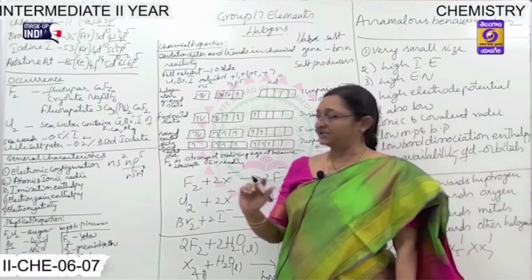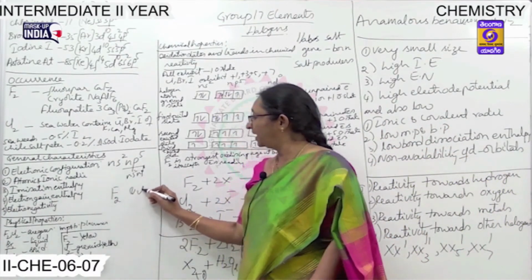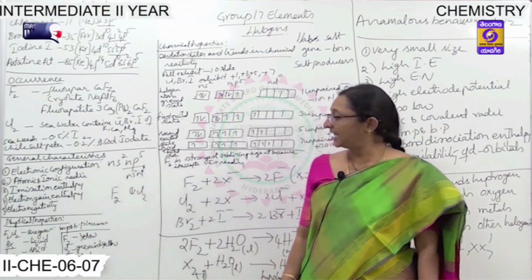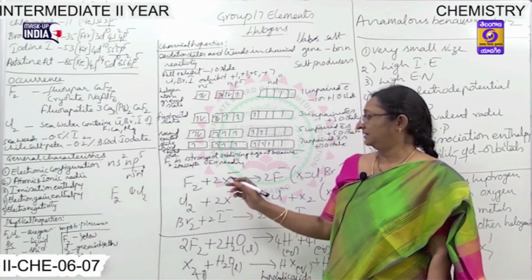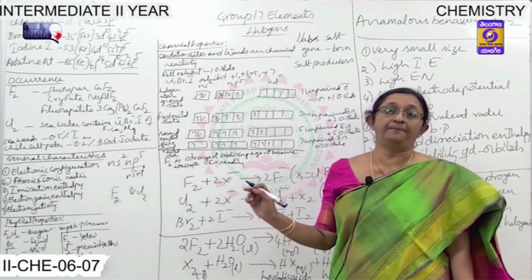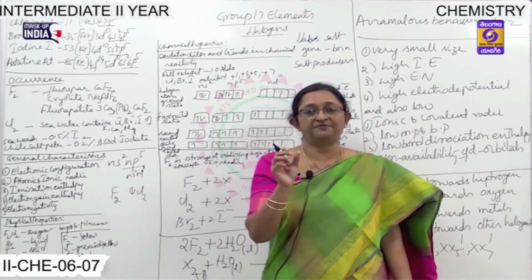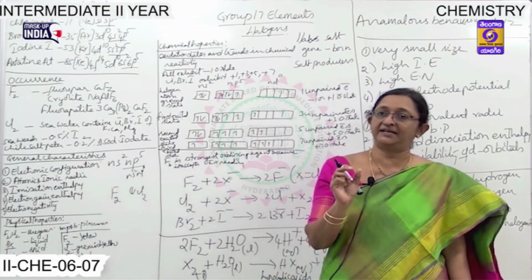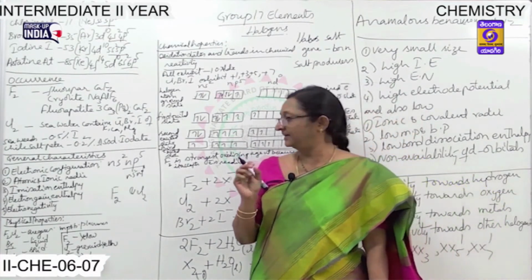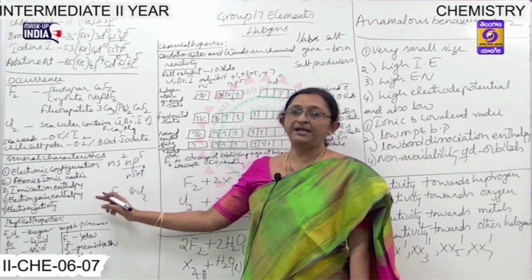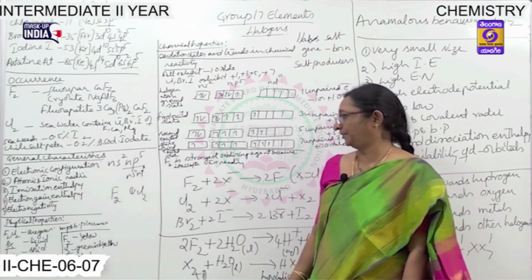But if you look at fluorine and chlorine, fluorine has a less negative electron gain enthalpy compared to chlorine. The reason is the very small size of the fluorine atom. Because of inter-electronic repulsion, the electron gain enthalpy value of fluorine is less than that of chlorine.